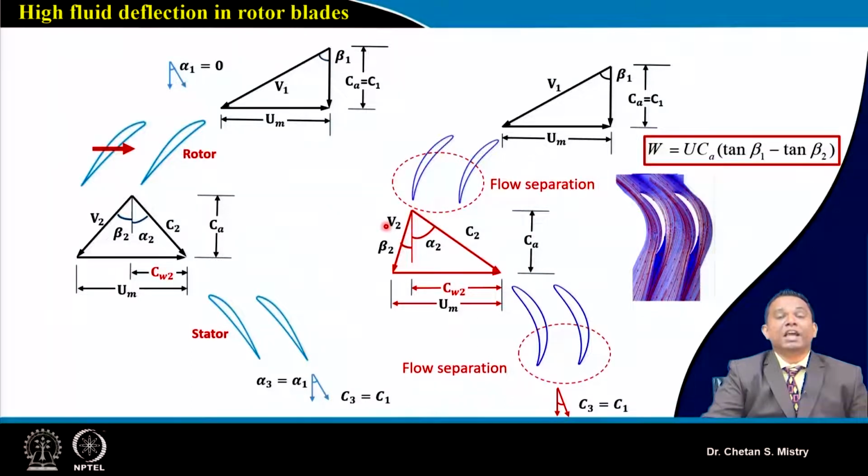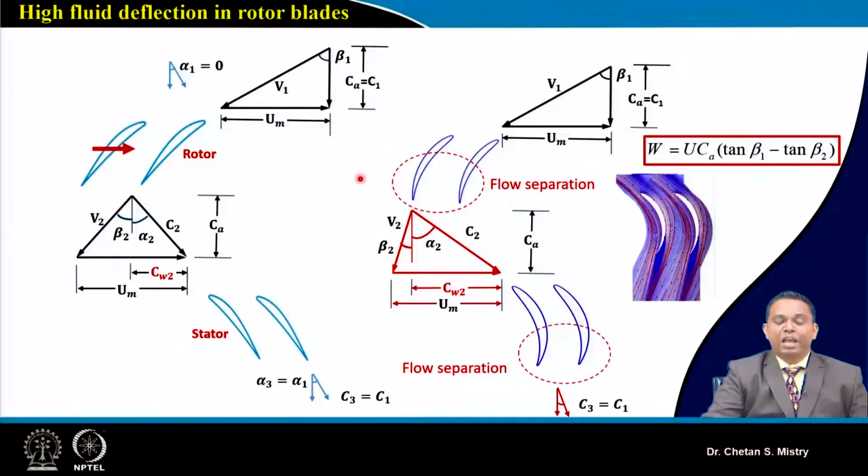Managed in the sense that at the exit, my relative velocity component needs to be lower. In order to achieve that, we need a highly cambered blade. So here, these blades have higher camber compared to what we had earlier.